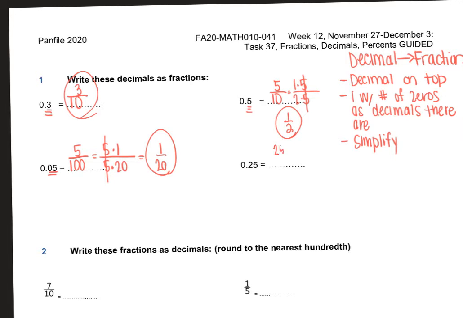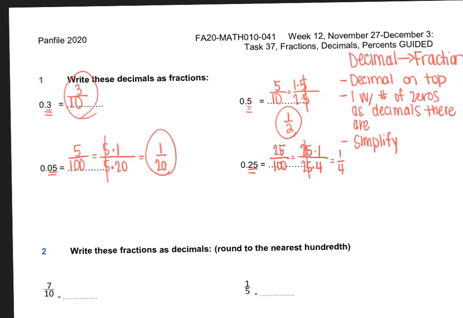The last one, we have 25 over, again, 100 because there are 2 decimal places. I can rewrite the top as 25 times 1. I can rewrite the bottom as 25 times 4. I cancel out the 25s and I get 1/4.